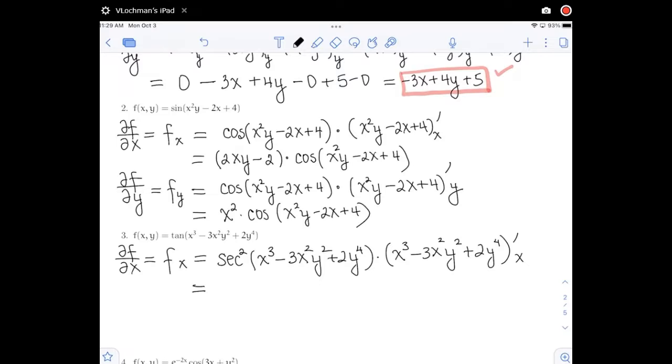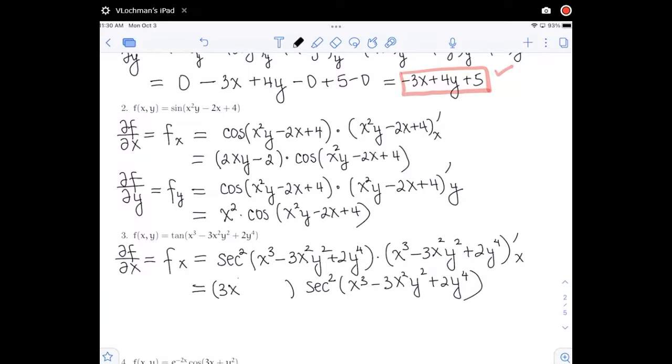So we know secant is not going to change, right? So I'm going to put whatever you tell me up here, and then it's going to be secant squared of this expression. Okay, so Javier got 3x squared minus 6xy squared.